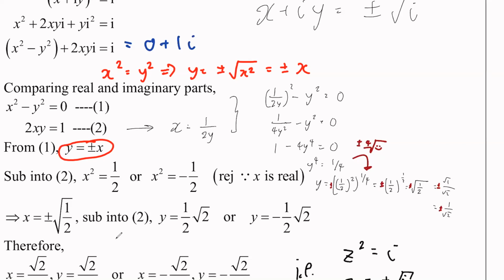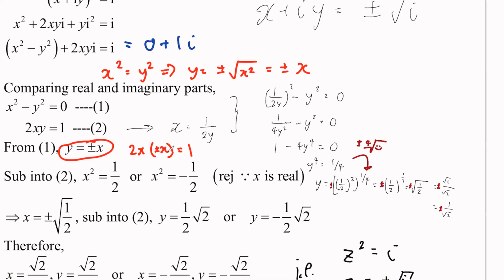Then how do you solve for the other one? You just have to sub in the y over here. So it becomes 2x multiplied by our y equals 1, two cases: plus or minus x.